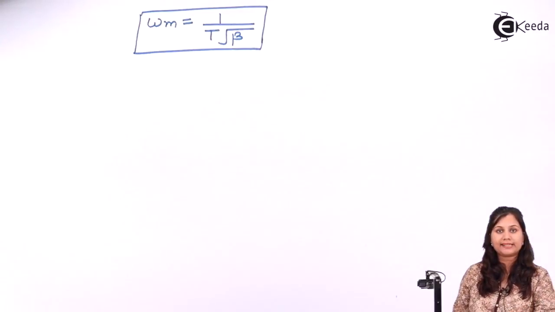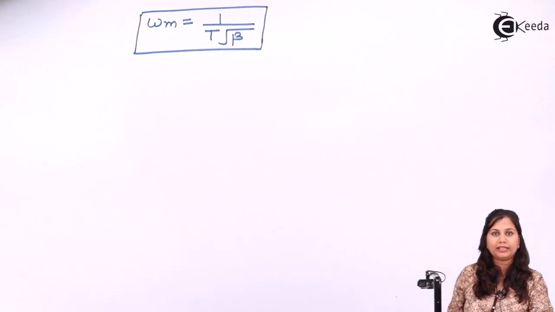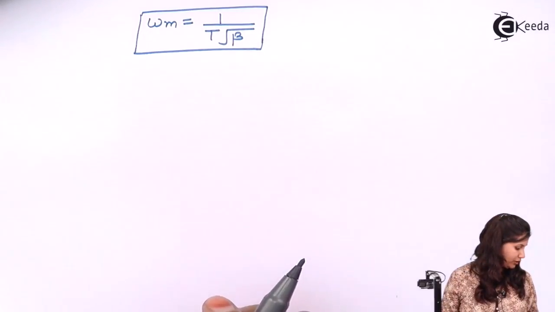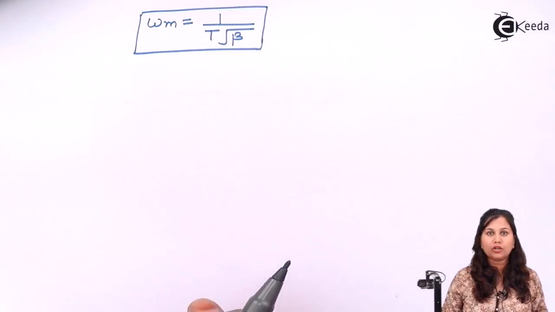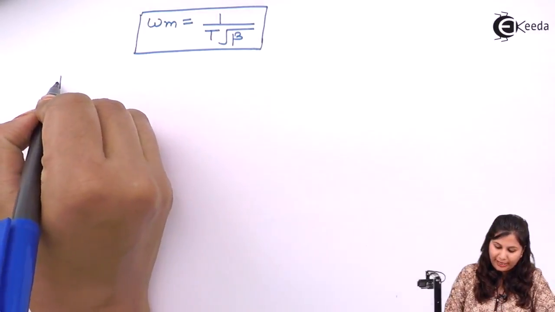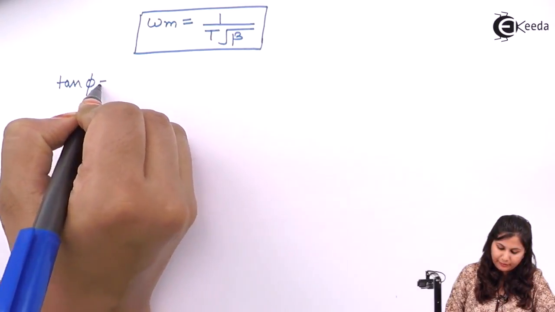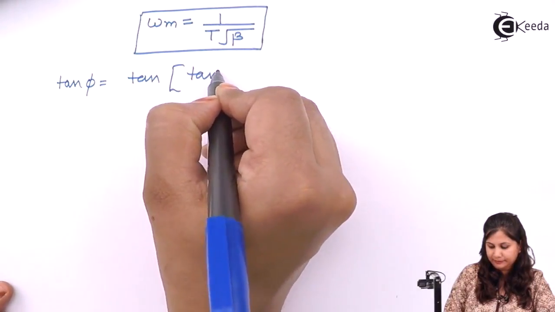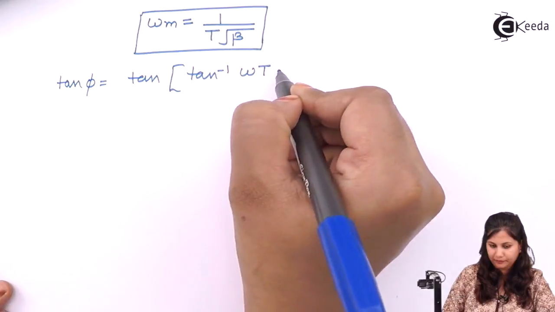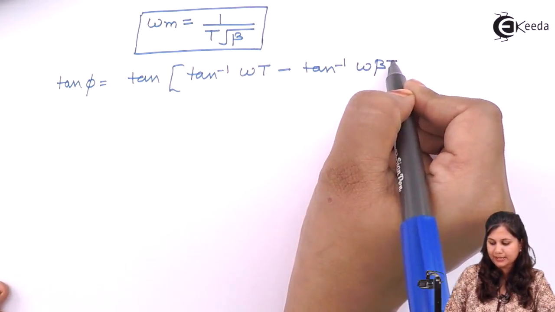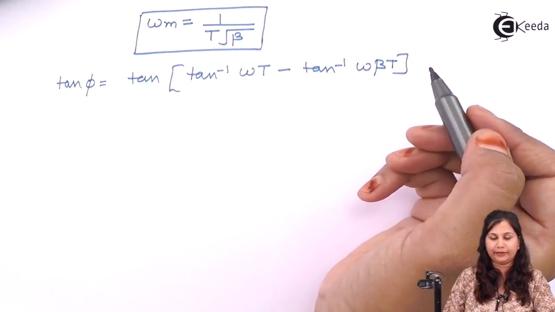Now from the phase angle equation, we have phi equals to tan inverse, okay, that equation for the phase angle we have obtained. So now we are taking tan phi. So tan phi will be tan of the phase angle. The steps are same just like the phase lead network.